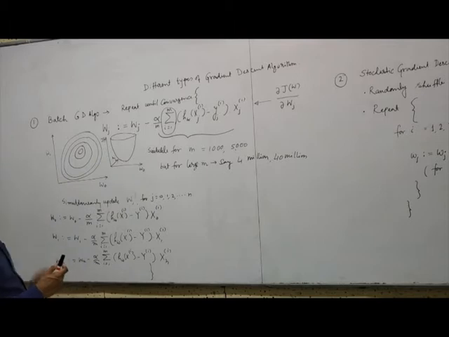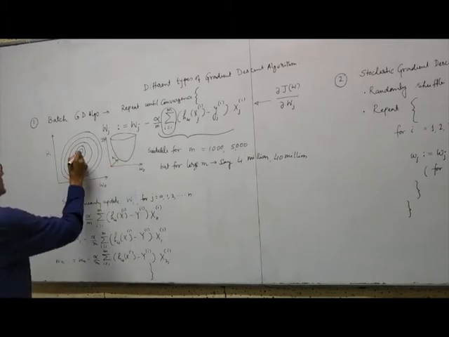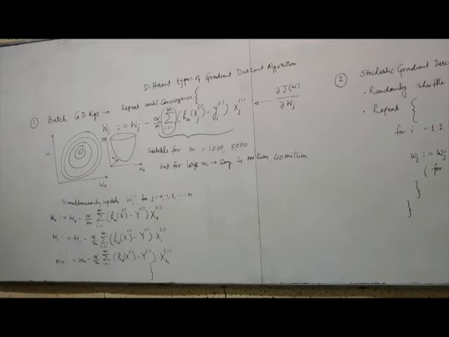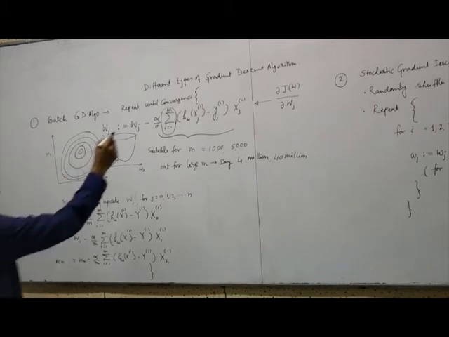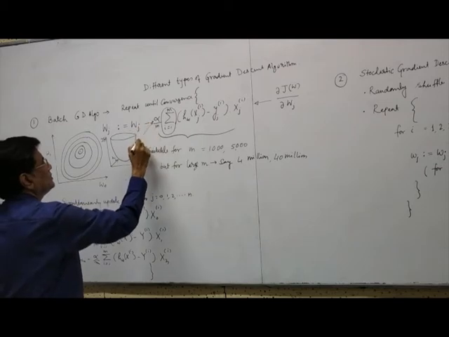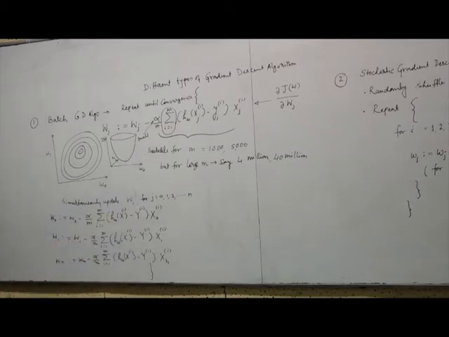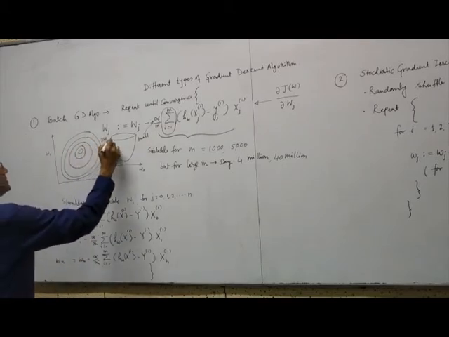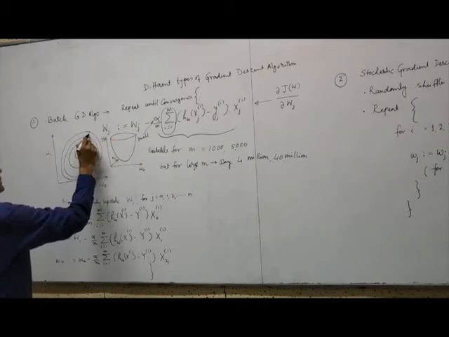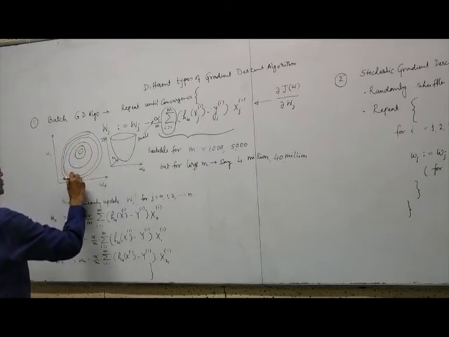Okay, so what is this? Suppose this is the point. Now, if you select alpha very small, then what is going to happen? Actually, you are selecting a very small step, and that will be visualized here with a large number of contours.